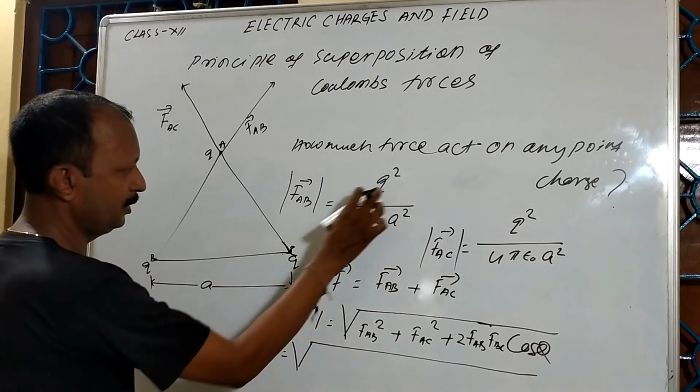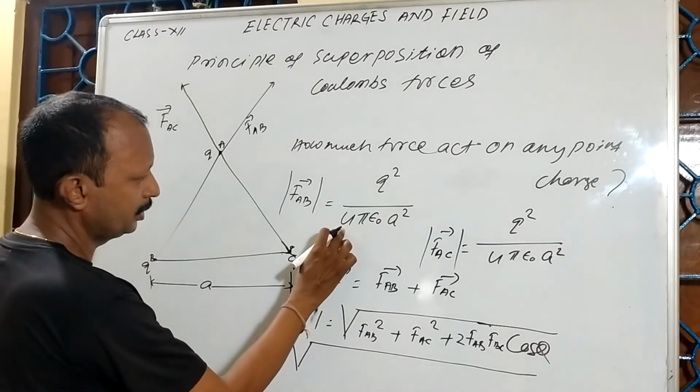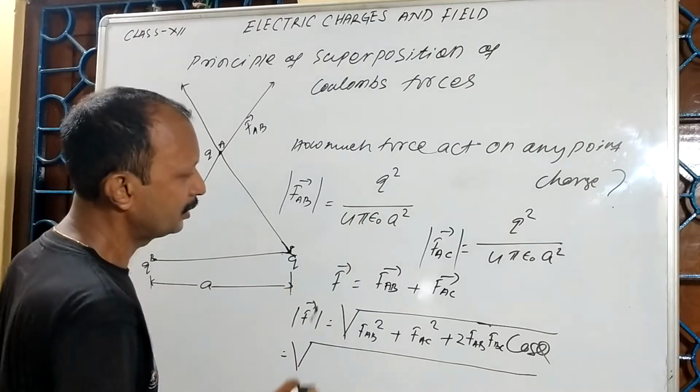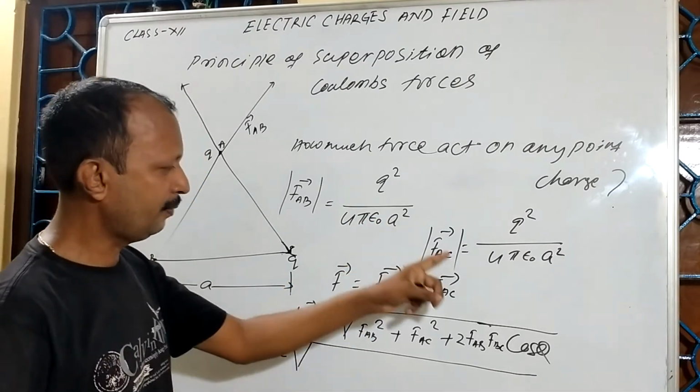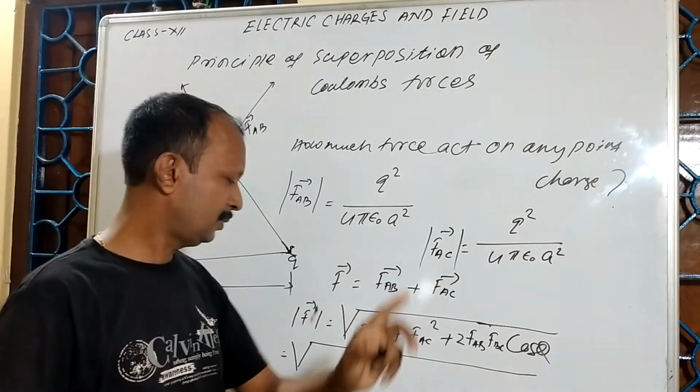So F AB is equal to q square by 4 pi epsilon naught a square, and F AC is also the same.